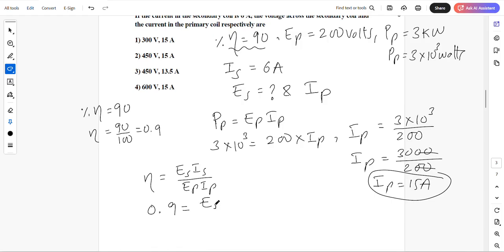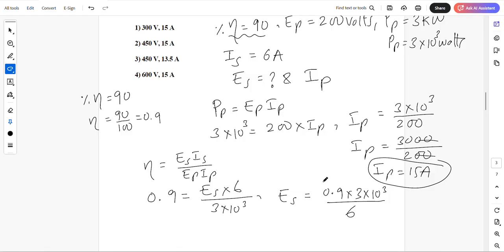Do you know IS? Yes, IS is given as 6, divided by EP into IP, which they have directly given as 3 into 10 to the power of 3. From here you can calculate ES. ES is equal to 0.9 into 3 into 10 to the power of 3 by 6.